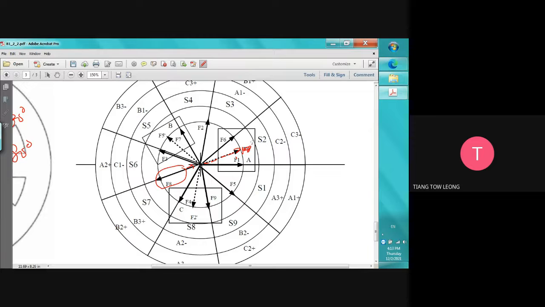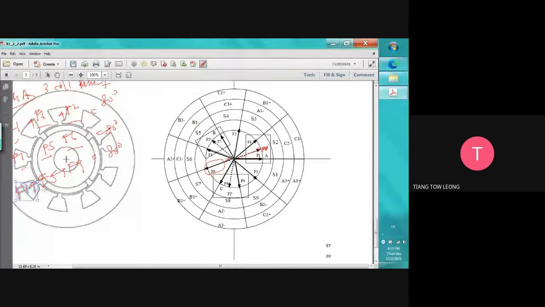So phase A can be chosen by F1 plus F8 prime plus F6, whereby the angle is 40 degrees. Let me show you. F1, F8 prime, F6: this angle will become 40 degrees.